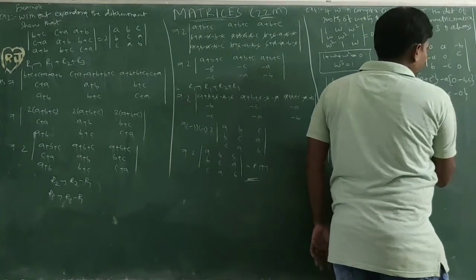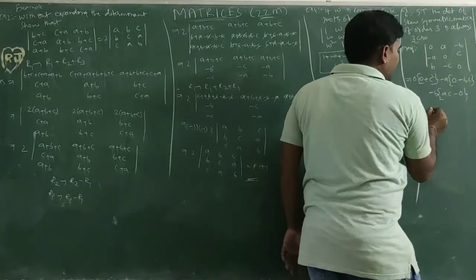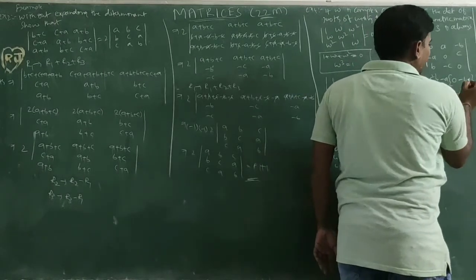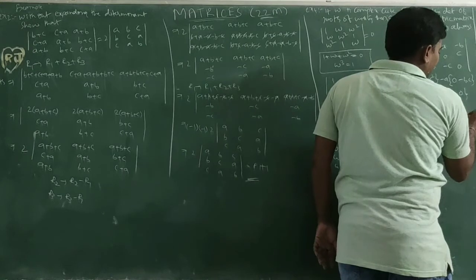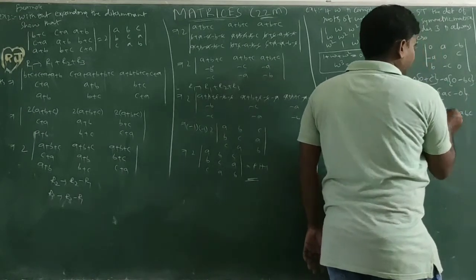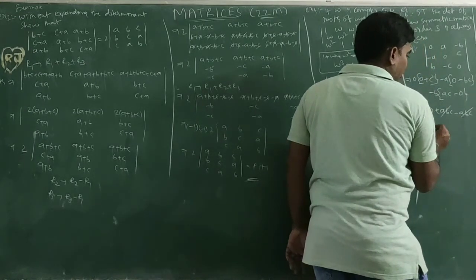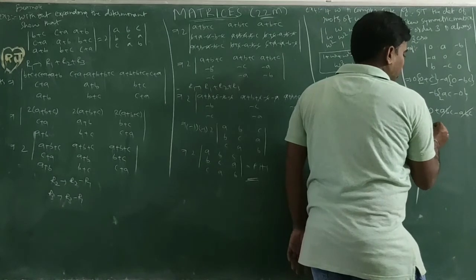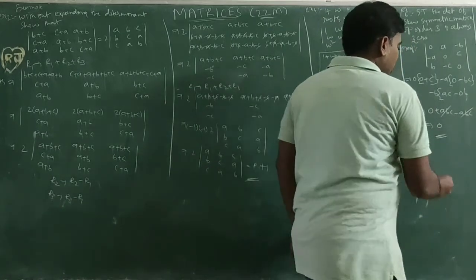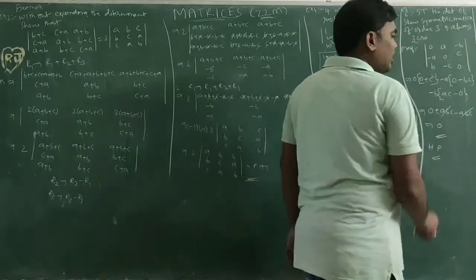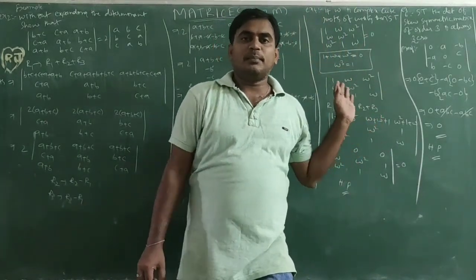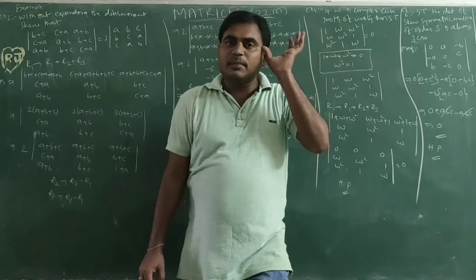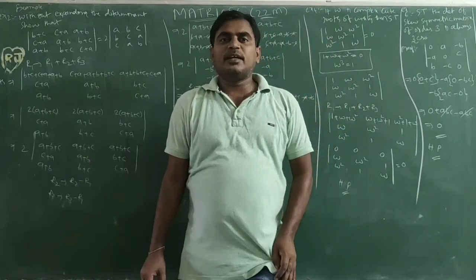Minus C implies 0 into something is 0, minus A into minus BC plus ABC, minus B into AC minus ABC plus ABC minus ABC, everything cancels, equal to 0. So this is the proof. Therefore, whatever skew symmetric matrix you may take, the determinant is always equal to 0.